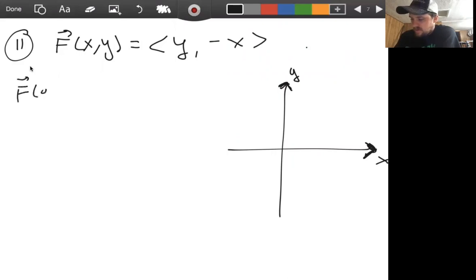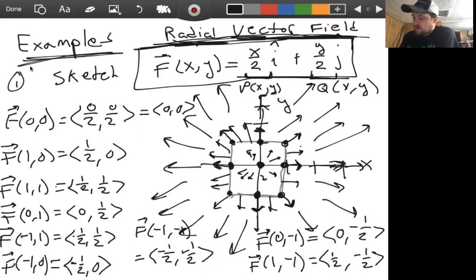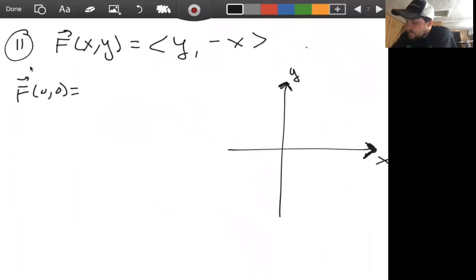Let's look at f of 0, 0. Again, I find it helpful to go around points like this, kind of on rectangles that are integer units away from the x and y axis. So if I pick 0, 0, well, you can see I'll get 0, 0. So this is the origin again.